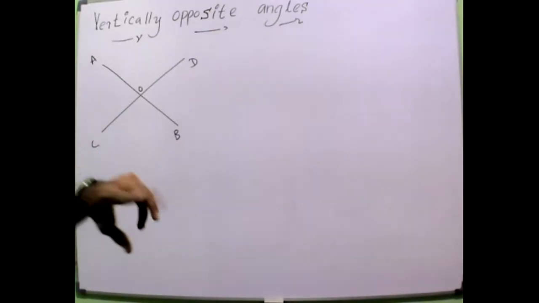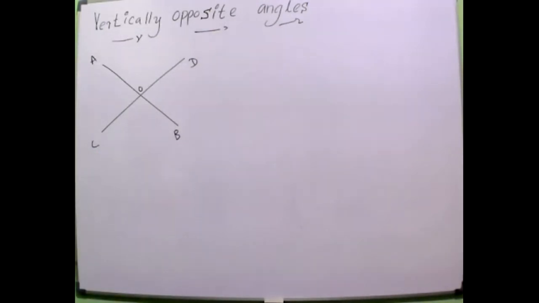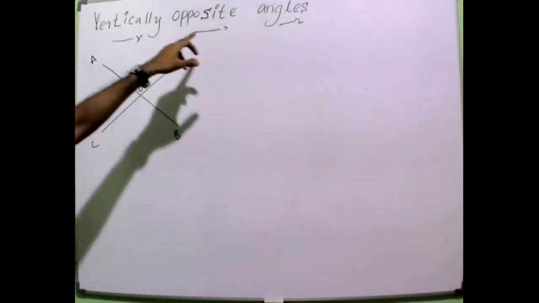Actually, two pairs of opposite angles. They are vertically opposite.